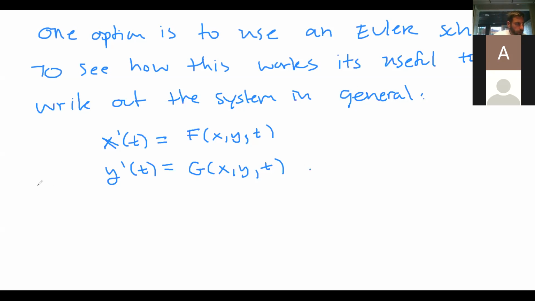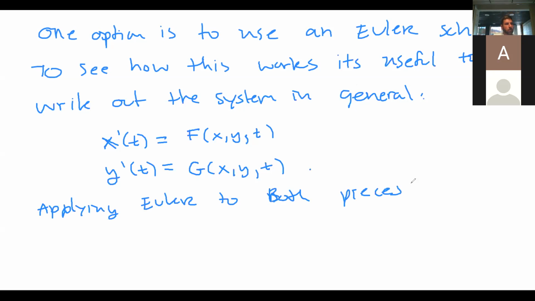So if we apply it to both pieces, what do we have? Well, remember, what are we after? We're after these approximate values. So our one unknown is y. Our other unknown is x.